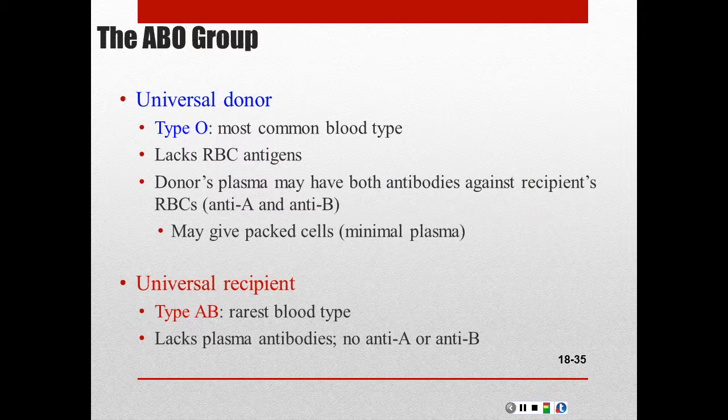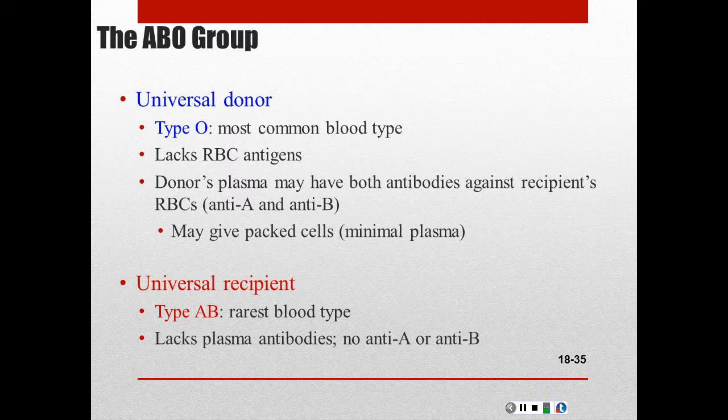Now type AB is sometimes called the universal recipient because the blood lacks both anti-A and anti-B. However, the donor's plasma may agglutinate the recipient's red blood cells if it contains anti-A and anti-B, or even both.